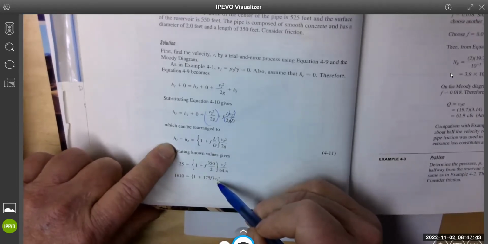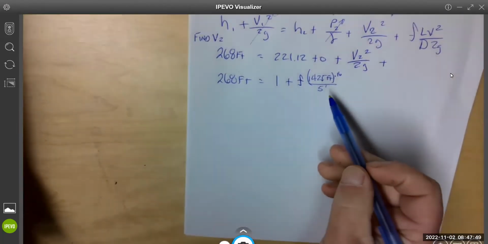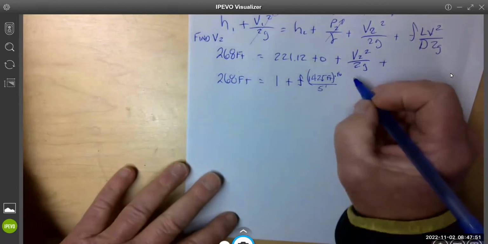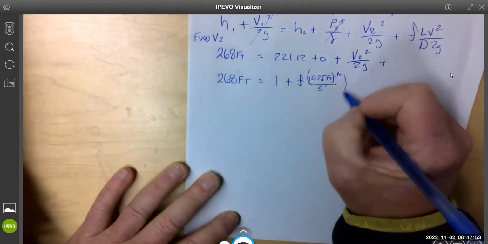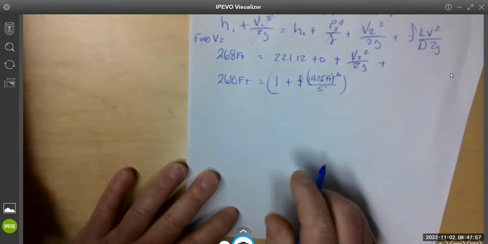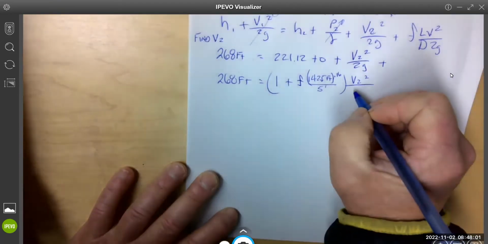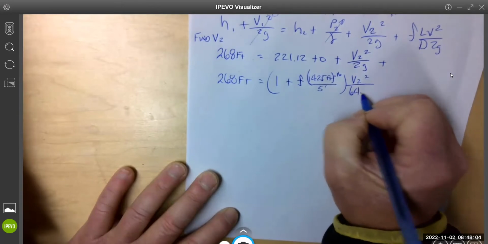So the diameter of the pipe goes under, so that's where the 5 feet is. This looks like it's to a factor, but it's not. Then all of that, V2 squared over 64.4.